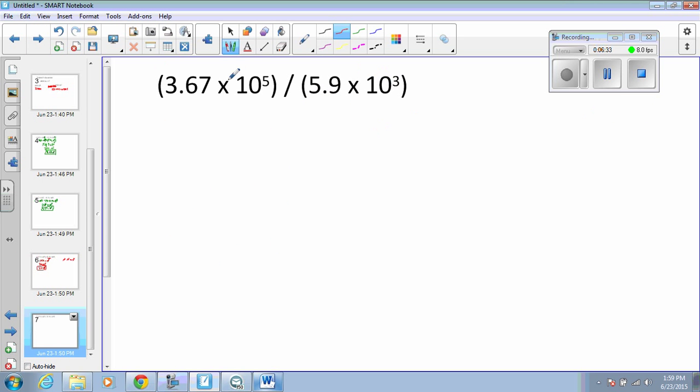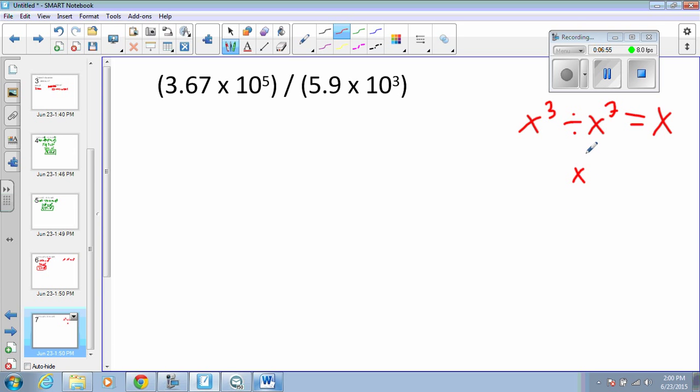For division, when you're dividing, the exponents subtract. So x to the 3rd divided by x to the 2nd is just x to the 1st power, or x.